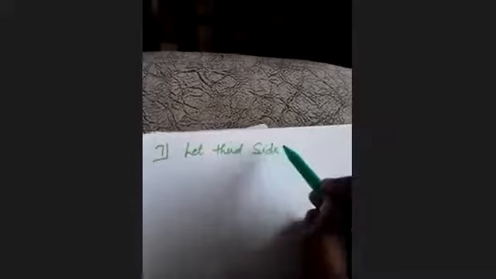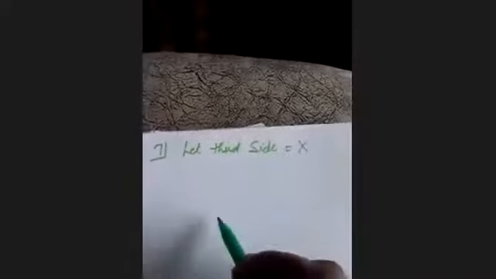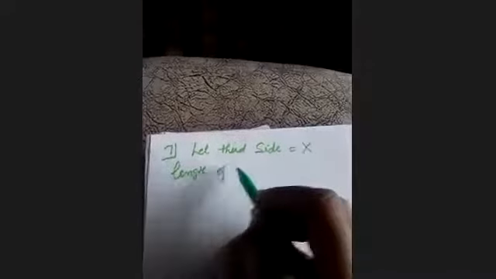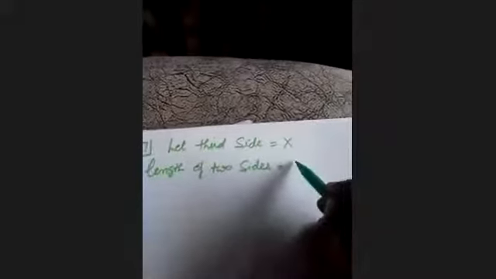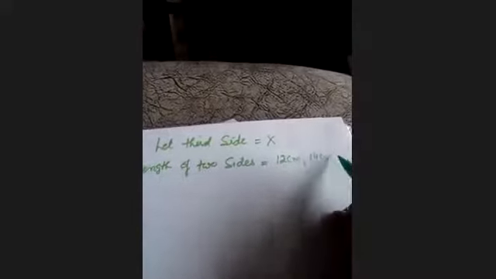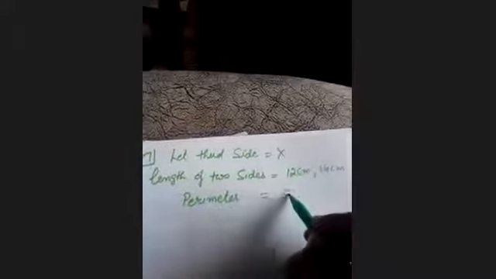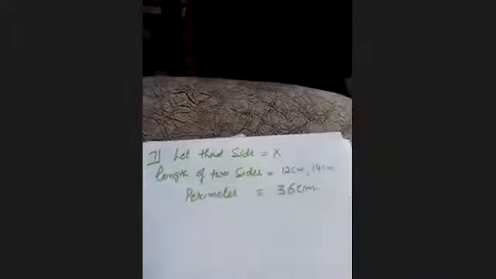So first let's suppose the third side is x. The lengths of two sides are 12 centimeter and 14 centimeter, and the perimeter is 36 centimeter.